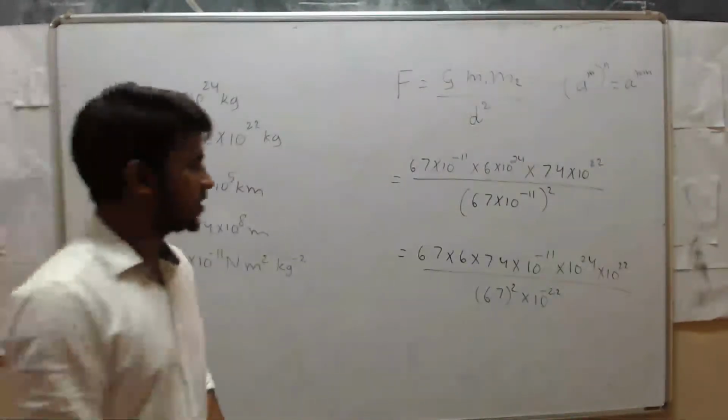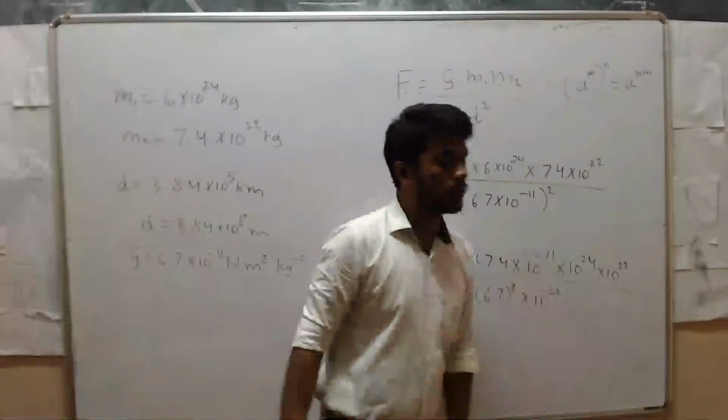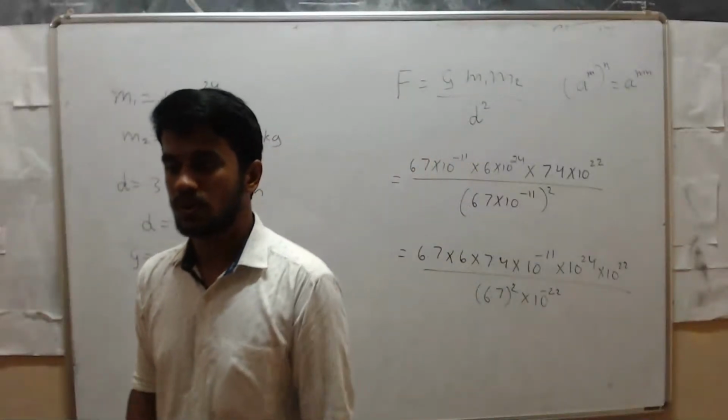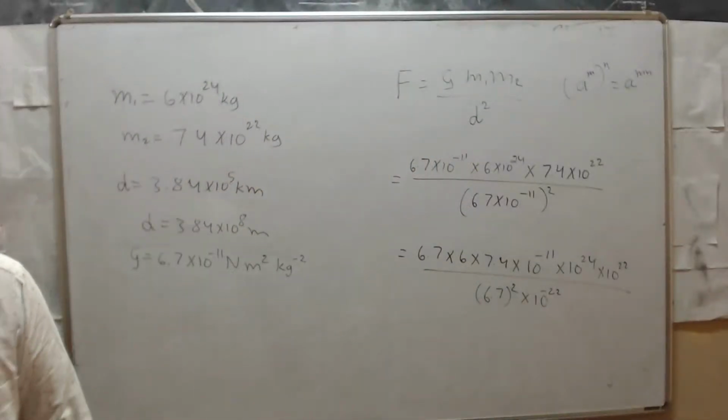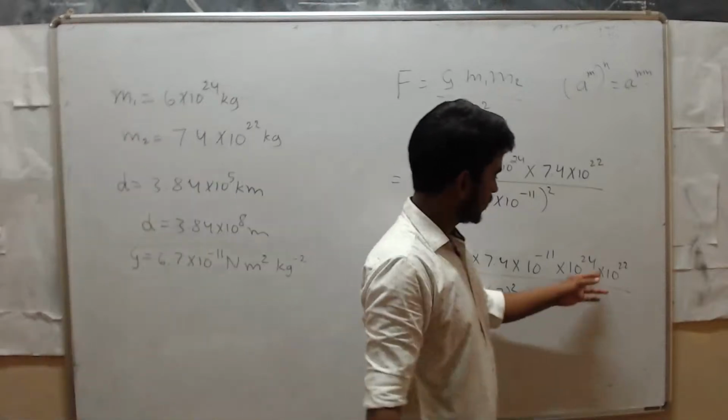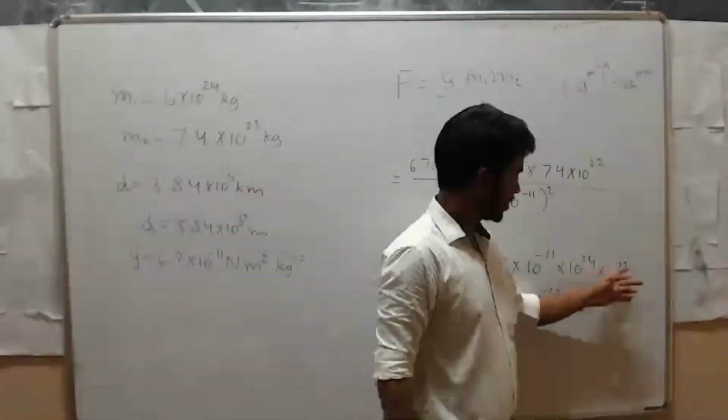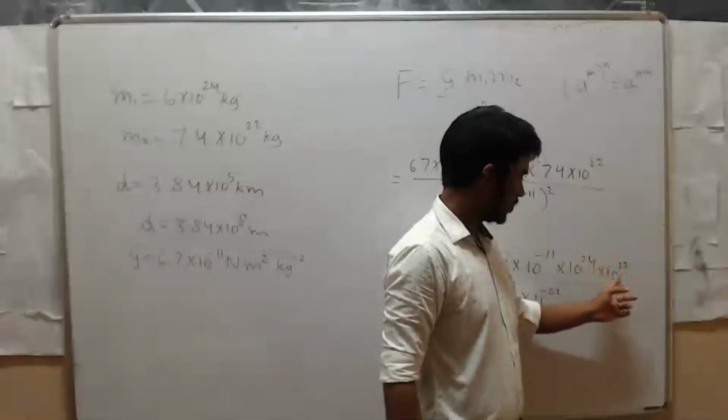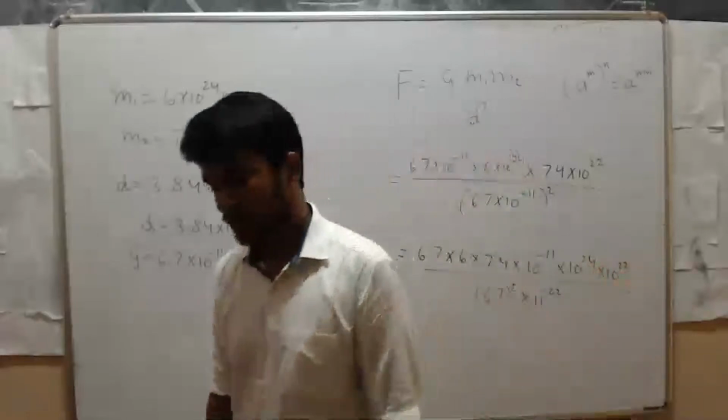Tell me, so what is the answer? 10 raised to the power minus 11 into 10 raised to the power 24 into 10 raised to the power 22.